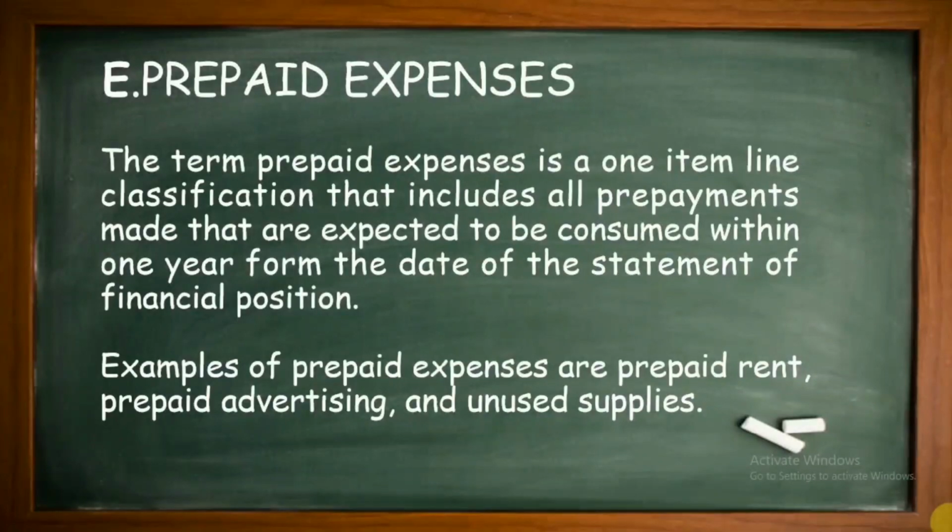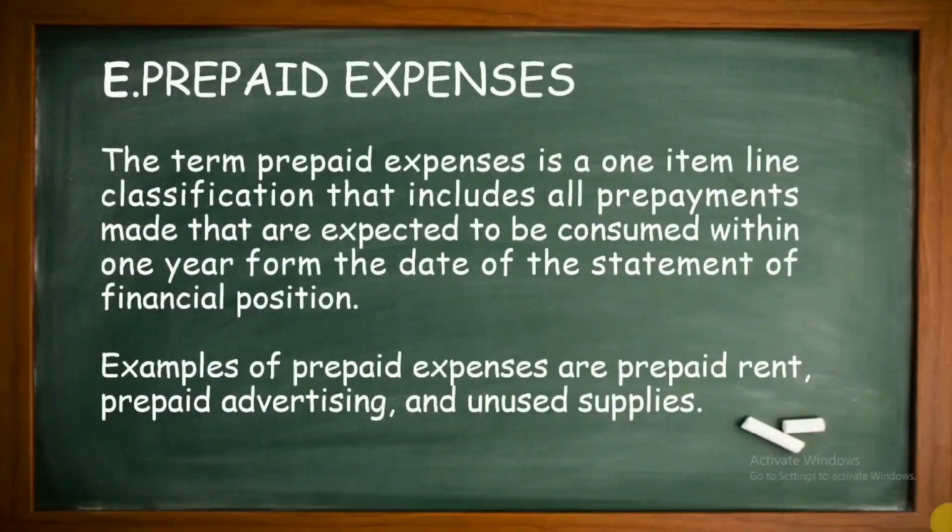Example dito ng prepaid expenses are prepaid rent, prepaid advertising, at unused supplies. So, ang prepaid rent, ito'y rent na di pa nagagamit or nakapagbayad ka na pero hindi pa nagagamit, para siyang advance payment. Ang advance payment para sa pagre-rent, pag nagamit mo na from prepaid rent, magiging rent expense na siya.